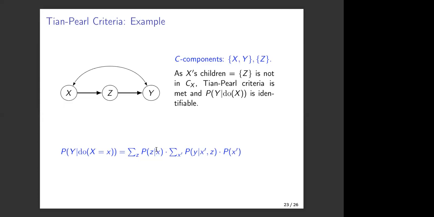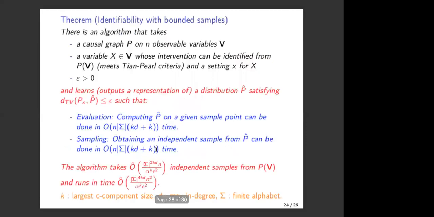So that's the example. I'm not going to go into detail on how we write this, as that needs another set of definitions. But so far, I hope the theme is clear here, and I'm closing in on the main theorem.